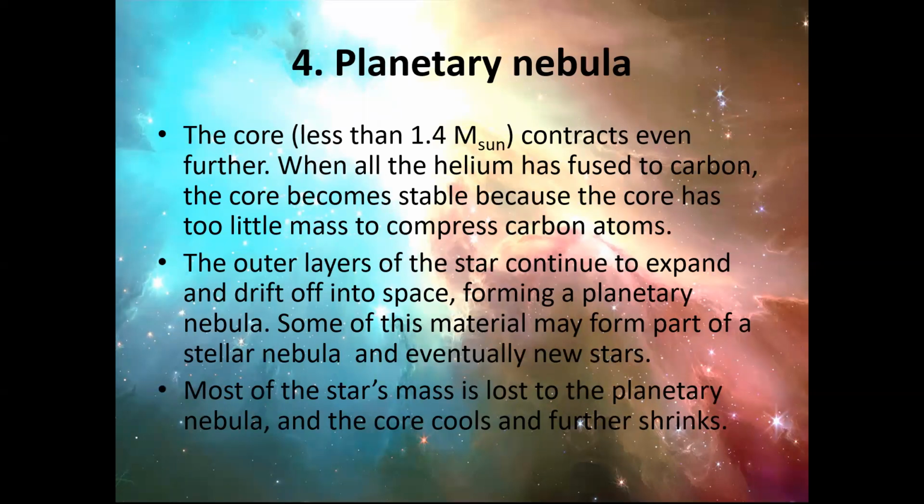It basically means that it is now solid. The outer layers of the star continue to expand and usually drift off into space, and that forms something called a planetary nebula. Some of that material that drifts off can actually be used to produce new stars, because remember, dust and gas is what produces stars.